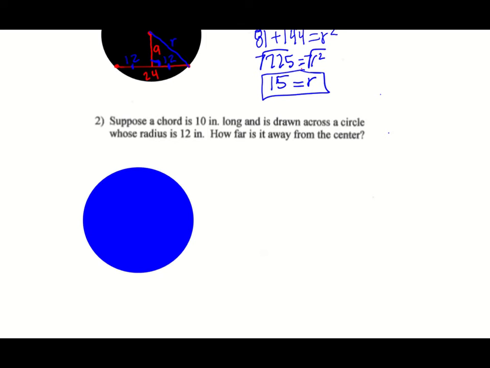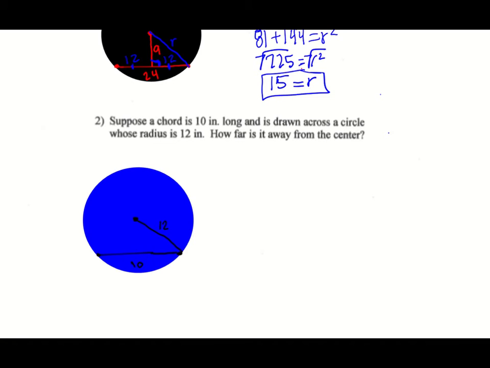So we have, first of all, a chord that is 10 inches long. It is drawn across the circle, and we draw our radius again, it is 12 inches long. How far is it away from the center?